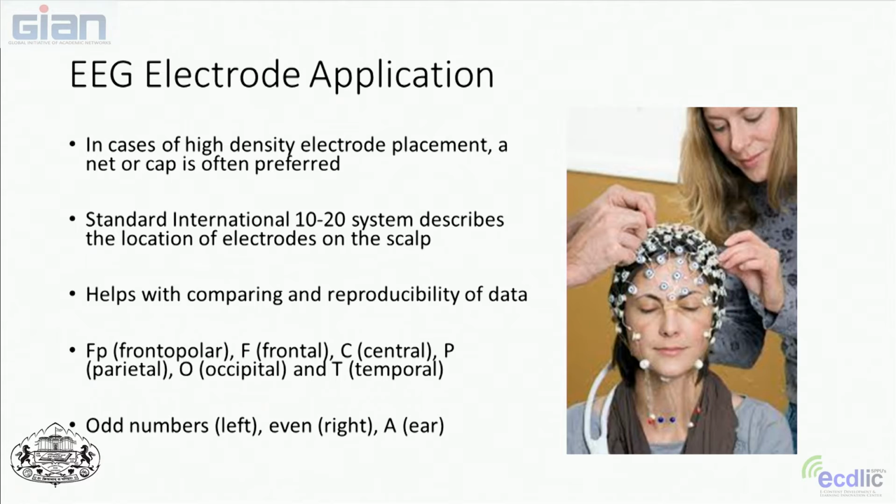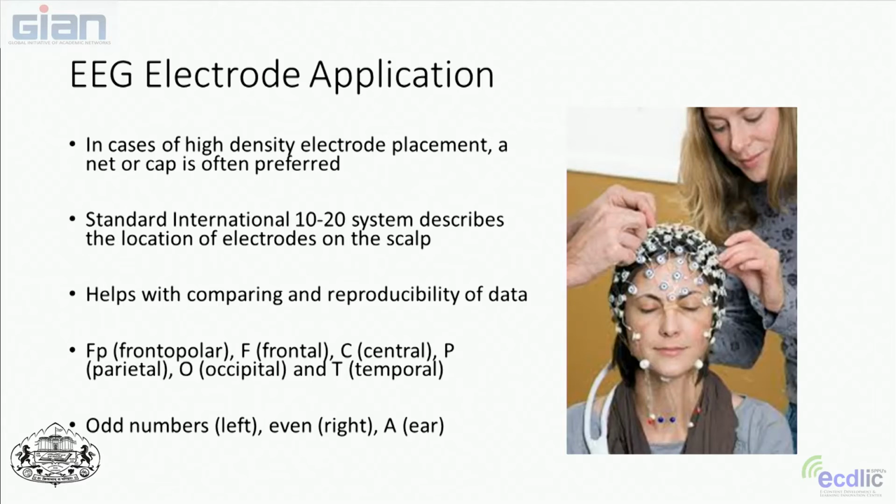Typically, a standard international 10-20 system is used to describe the location of the electrodes on the scalp. This was done as a standardized way to be able to compare and reproduce data across different labs, across countries, and across the world. If you use this technique, you use the standard reference letters.